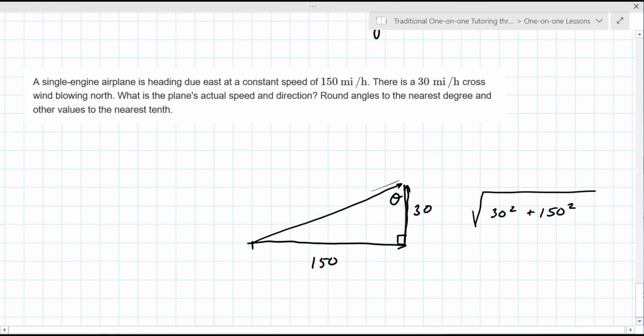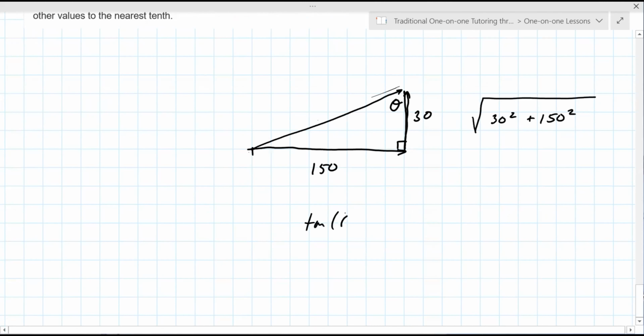And I know I told you, I said tangent of theta is y over x. And that's true, but in this case, tangent is always opposite over adjacent. So we're trying to find this angle up here. Do you see how 150 is opposite and 30 is adjacent? If you were to use y and x, you would get them reversed.